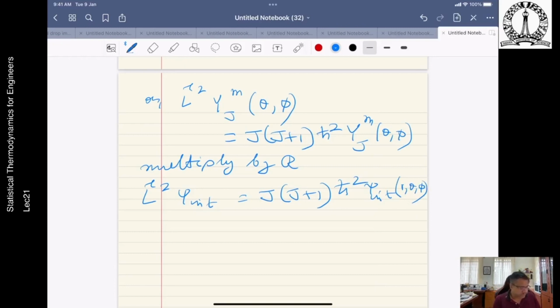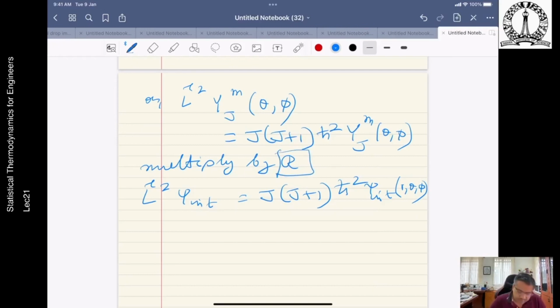So that is what it is. This R was from the separation of variables that we did earlier.